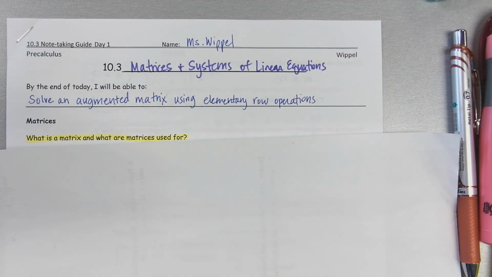Let me show you how. We're going to solve an augmented matrix using these elementary row operations. Some of them we already talked about today. It's using that process of elimination where you multiply by a number and then you add it to the other equation. We're going to be working with those.